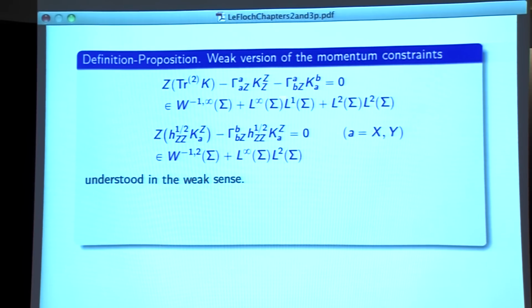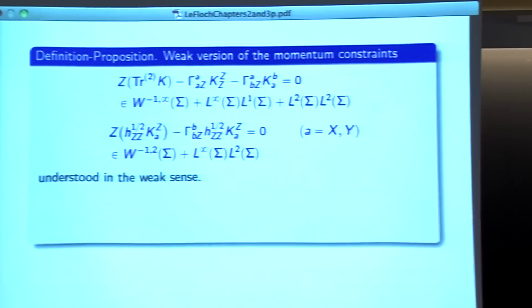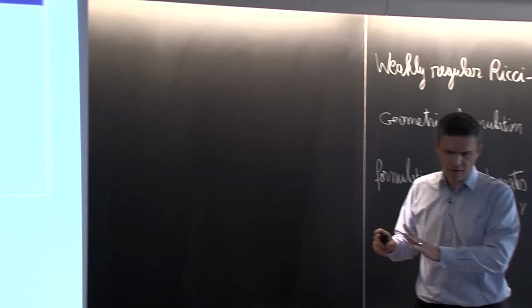So the whole part here belongs to L1 and is well defined, and the first part is a derivative of a bounded quantity. So this equation makes sense, right? Whether or not this is really the momentum constraint, of course you have to do the algebra to see it. But I claim that this is my definition for the weak version of the momentum constraint of the first one.